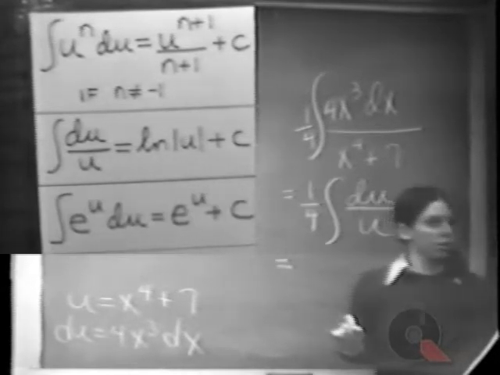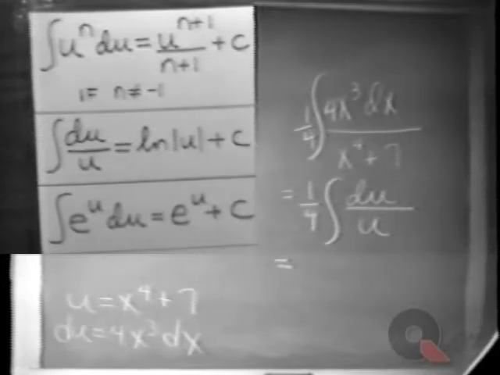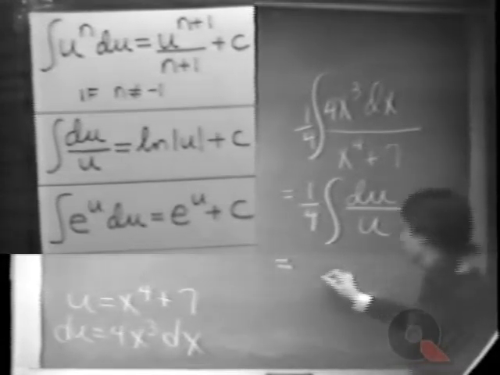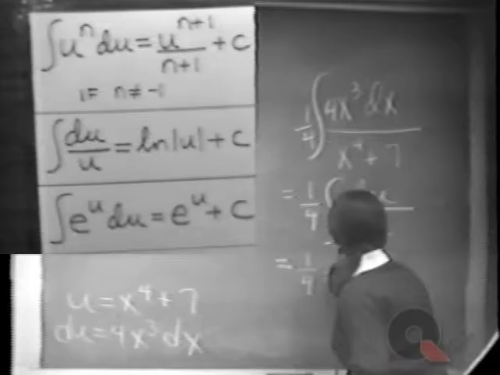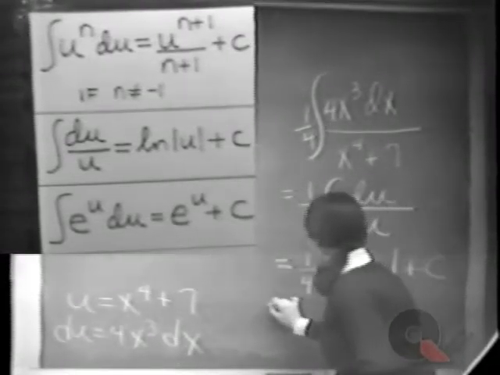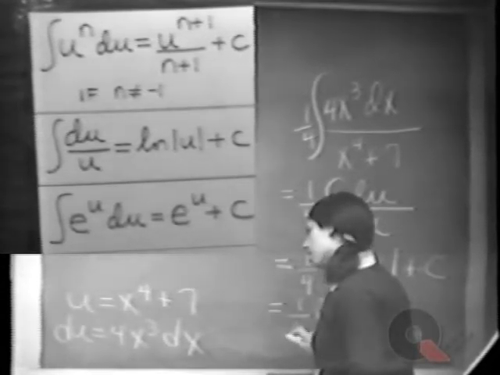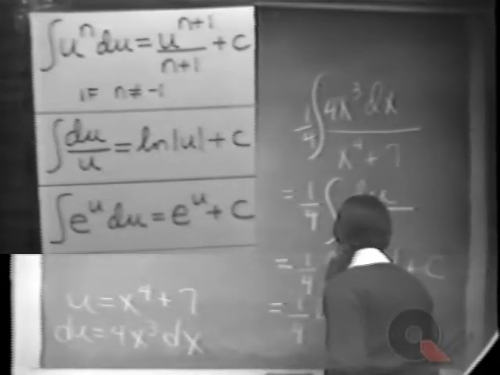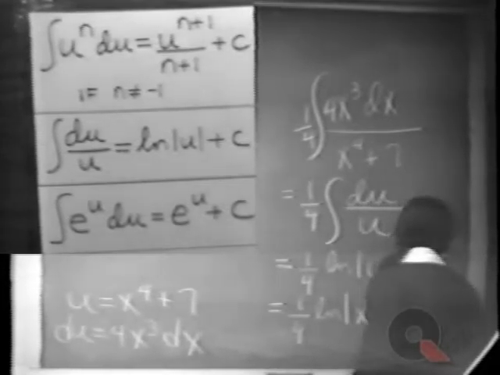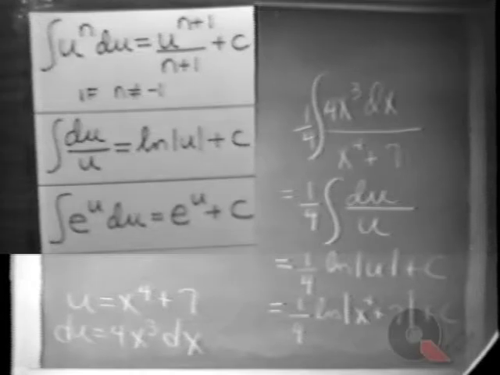And using the second formula on our chart, the integral of du over u is the natural log of the absolute value of u plus c. So we get 1/4 of the natural log of the absolute value of u plus c, or 1/4 of the natural log of the absolute value of x to the fourth plus 7 plus c. And once again, the absolute value is not really necessary in this problem.